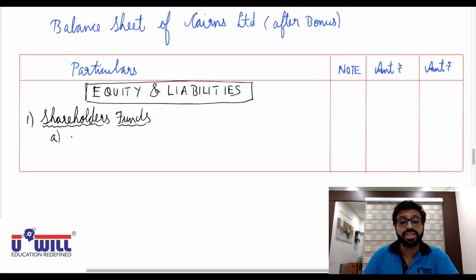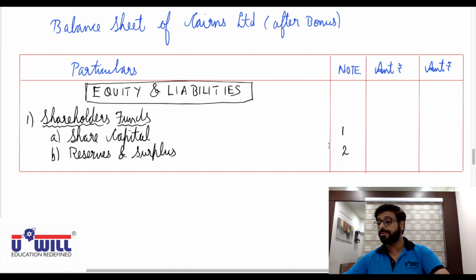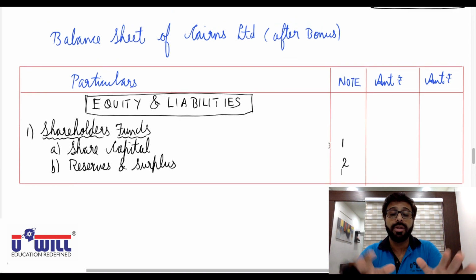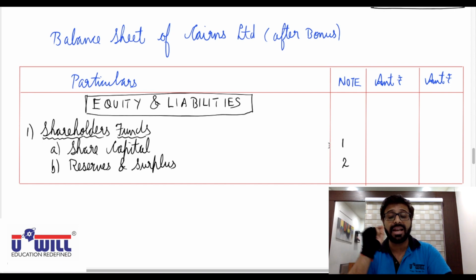One, it includes share capital, which we will show the details in note number 1, and B, it includes reserves and surplus, that details we will show in note number 2. Okay, so all of you make this blank format, pause the video. In shareholders funds, 2 things appear: share capital and reserves and surplus. What amounts will come, we will show in the notes 1 and 2 below the balance sheet. You can pause the video and make it.